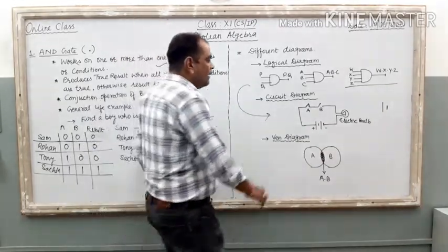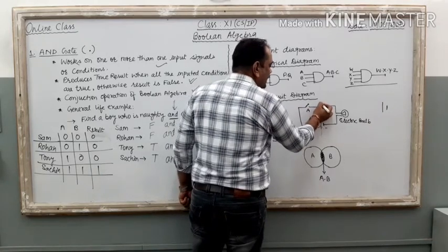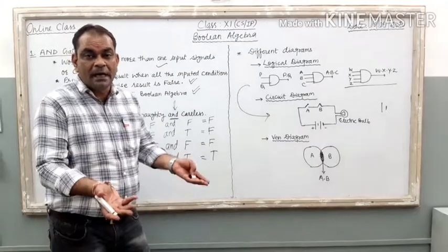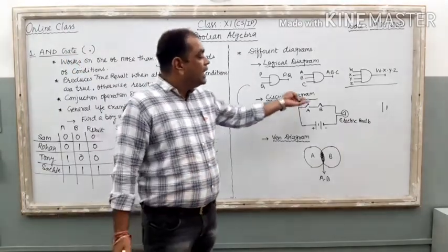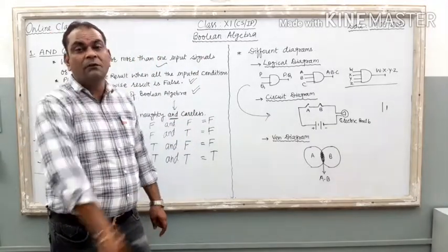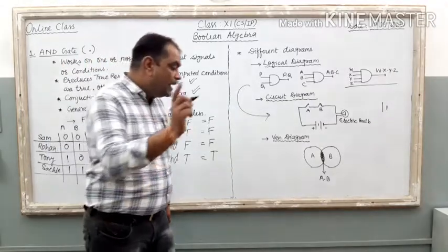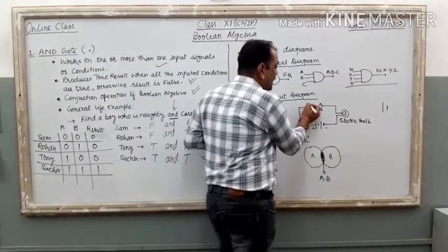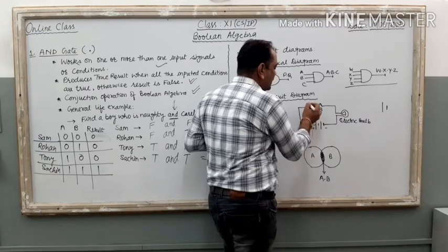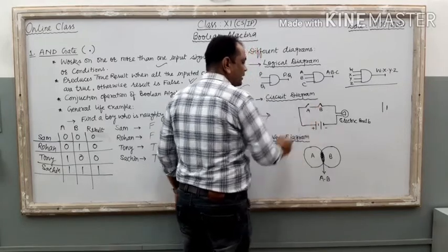Now, if I open A and connect B, what will happen? Again, the circuit is incomplete. Incomplete means electricity will not be accessible to the electric bulb, and the bulb is in off state. The bulb will be on only if you connect both switches with each other with the wire, with the central wire.